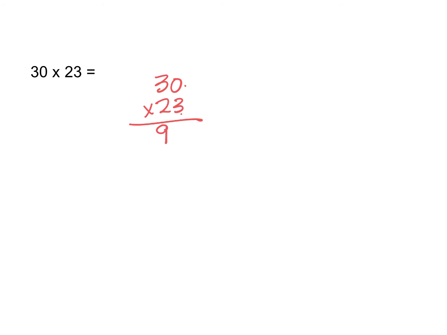And we know that 3 tens times 3 ones is 90. And then we're going to try 3 tens times 2 tens, which, the 2 tens turn into 100, and we've got 600. So this is actually one of the problems we did yesterday, and we know that 30 times 23 is 690.